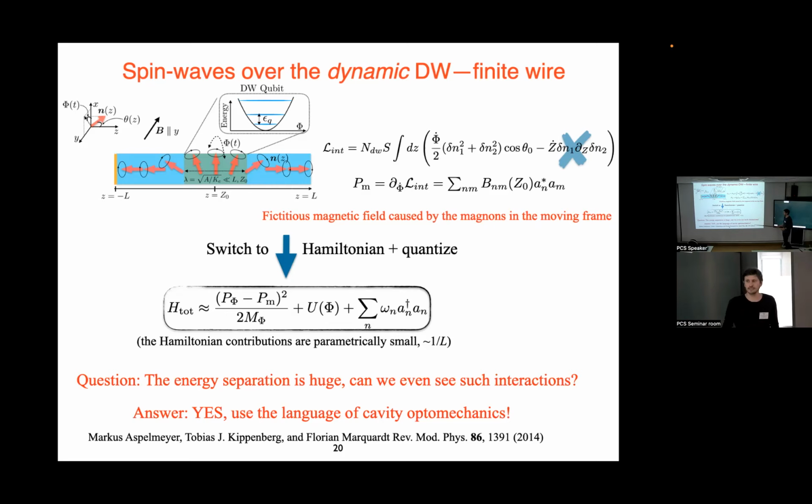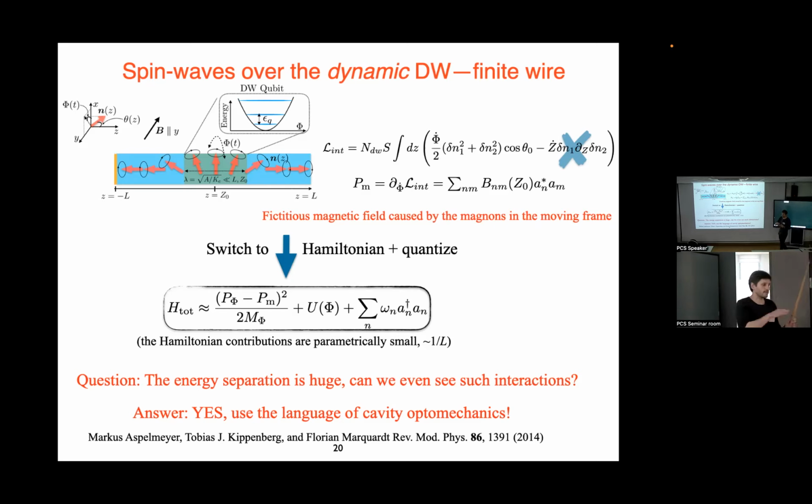So can we even see these interactions if the energy separation is huge? Naturally, no, but looking more into the literature, there are systems where that occurs, and that's called cavity optomechanics, where you look at interactions between nanobeams that are immersed in an optical cavity.